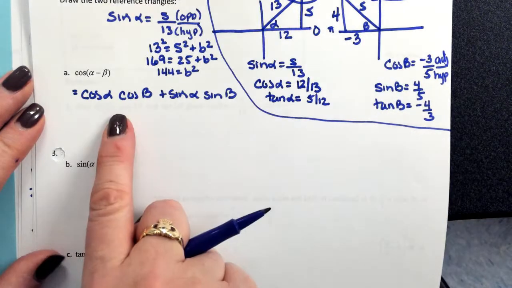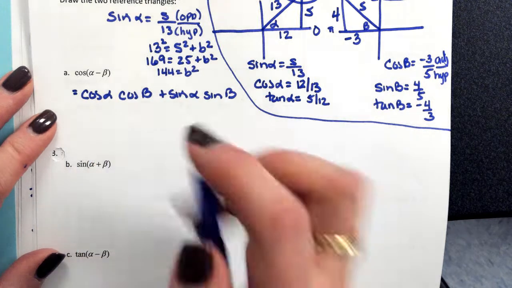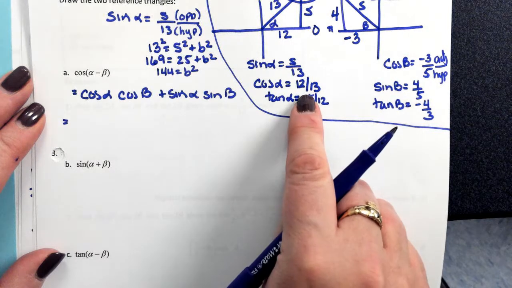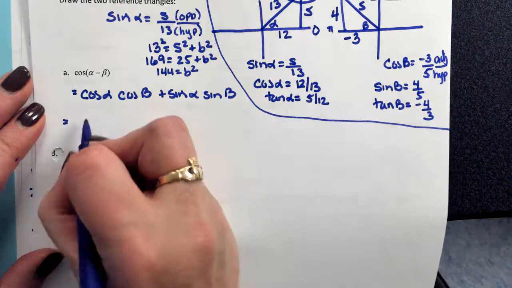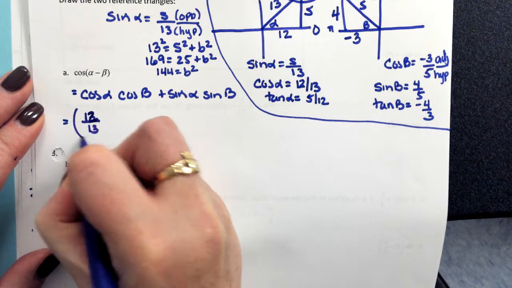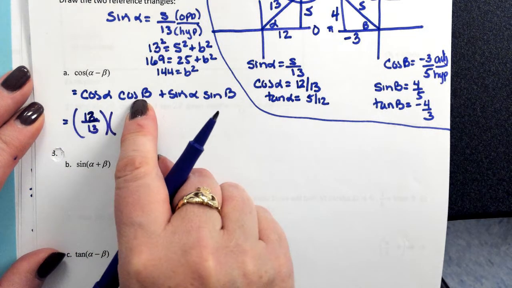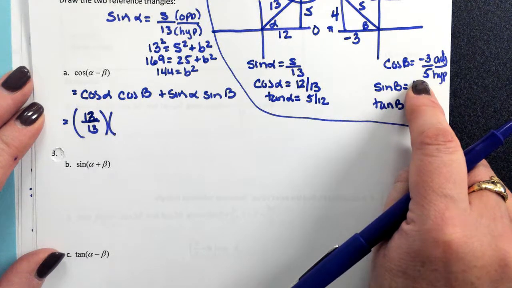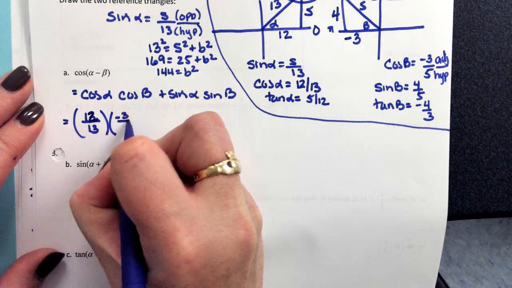Now I'm ready to plug things into my cosine difference formula. What is the cosine of alpha? We found the cosine of alpha to be what? 12 over 13. Cosine of beta. Now go to your beta triangle. The cosine of beta was actually given, which was negative 3/5.